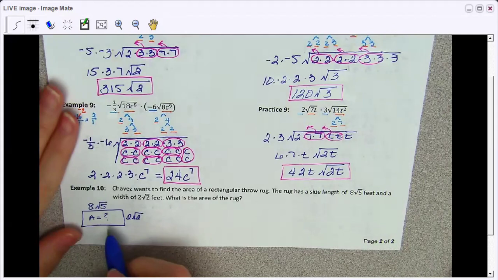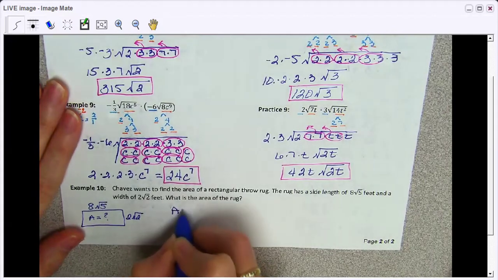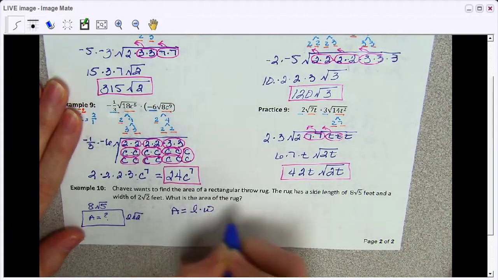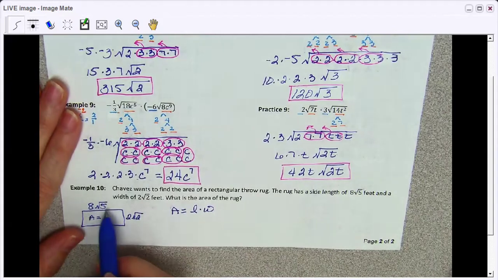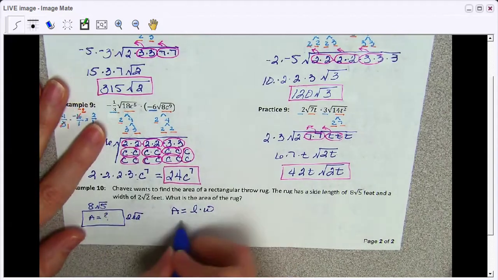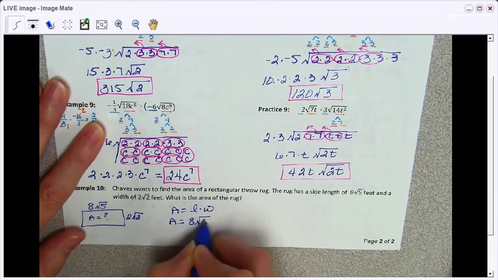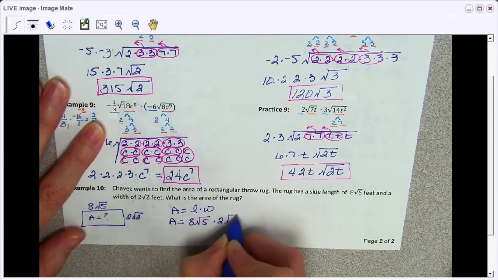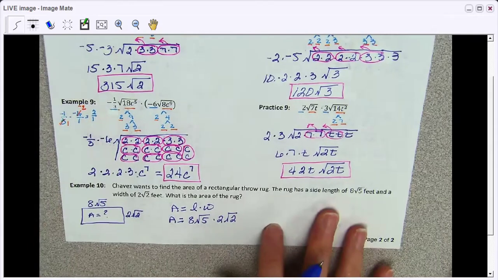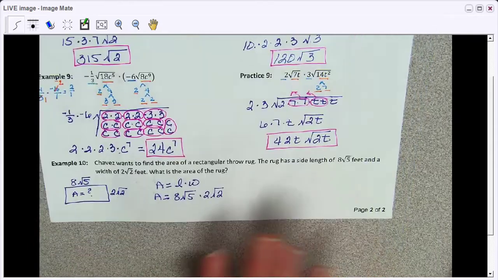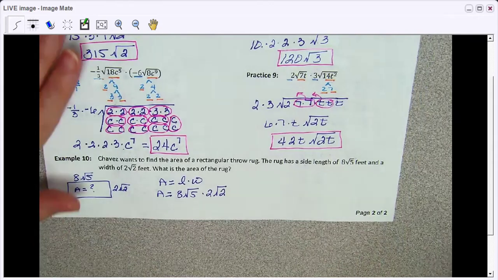And so the area of a rectangle is area equals length times width. So all that means is that we're going to multiply 8 square root of 5 times 2 square root of 2. So area equals 8 square root of 5 times 2 square root of 2. So if you have not done that, go ahead and do it. And then when you're done, you can check your answer.